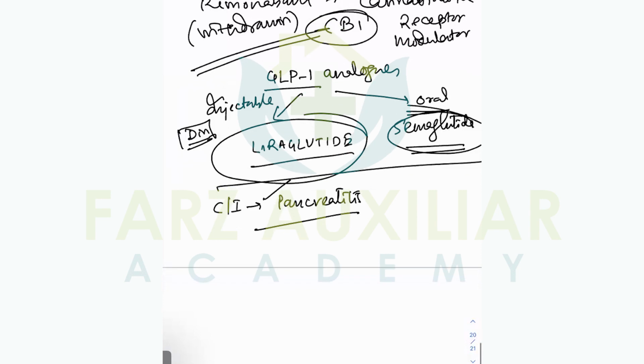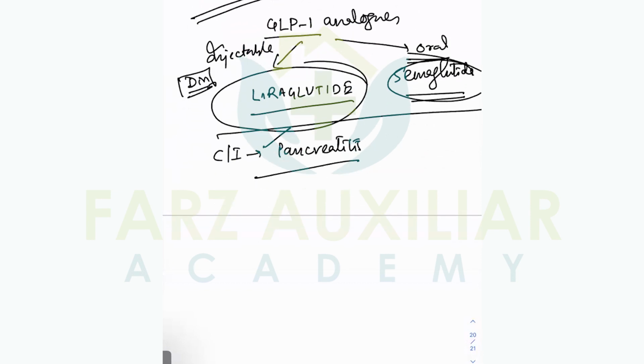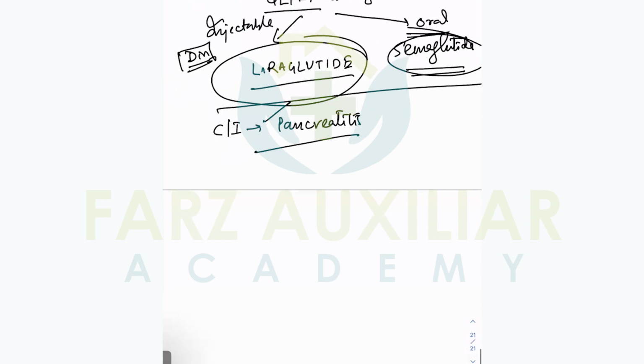Okay, so this is all about the medication for obesity management. A number of literatures are available. These are the newer drugs, but for exam purposes, I would suggest you only remember the name, mode of action, contraindication, and any adverse effect.